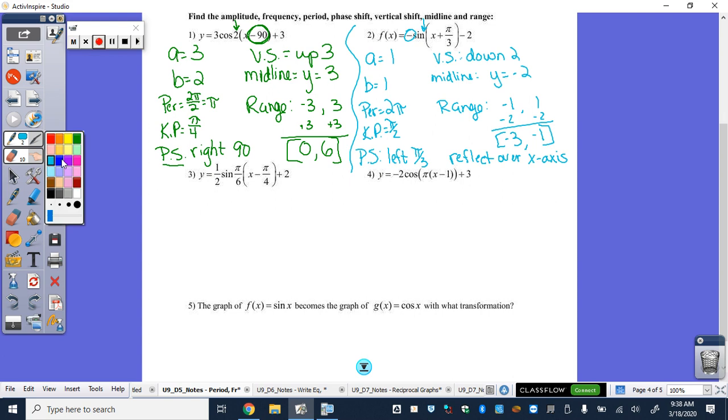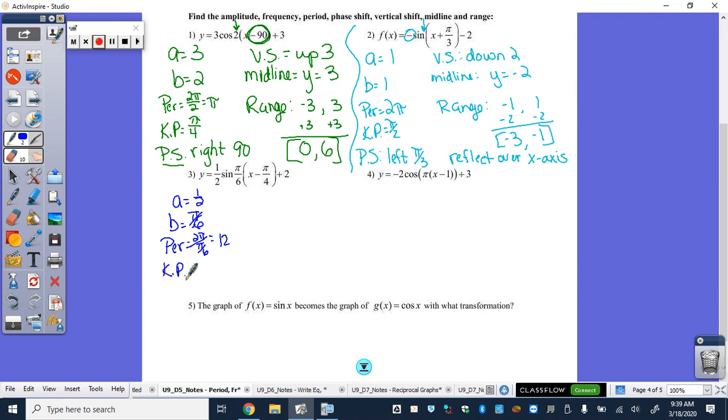Third one, amplitude is 1/2. Frequency is pi over 6. Period would be 2 pi over pi over 6, which ends up being 12. So then your key points would be every 3. Okay, phase shift.